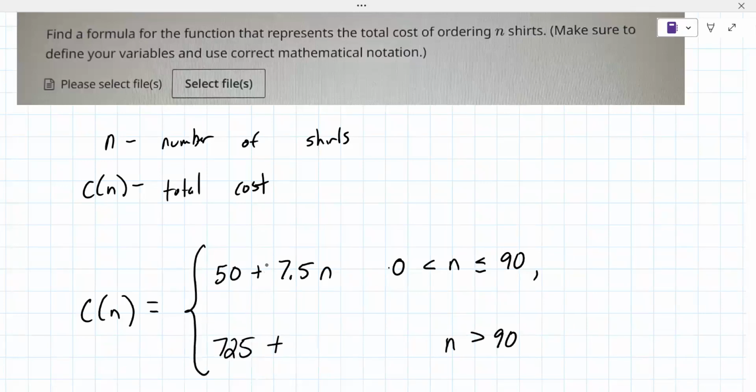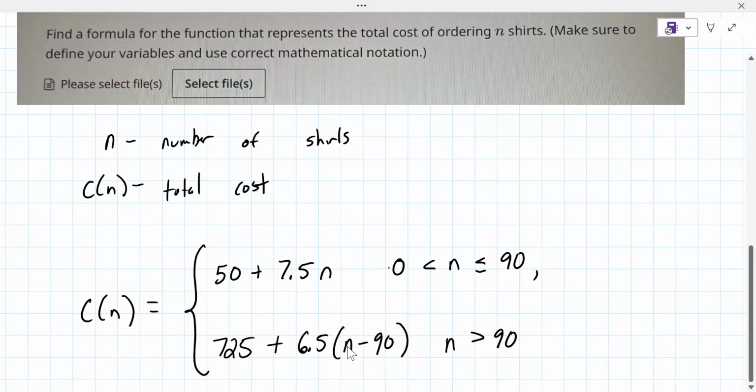Now you might think it's 6.5 N, but the problem is you only get 6.5 for the shirt when you buy more than 90. So you have to subtract the first 90 from that. So imagine that it's 91.